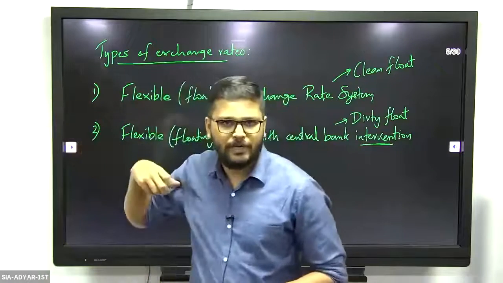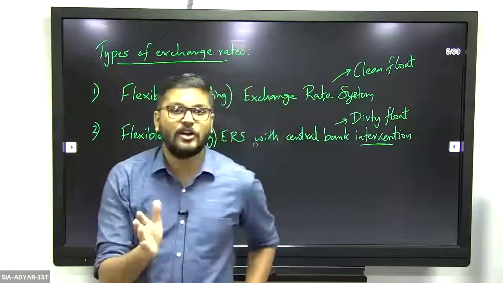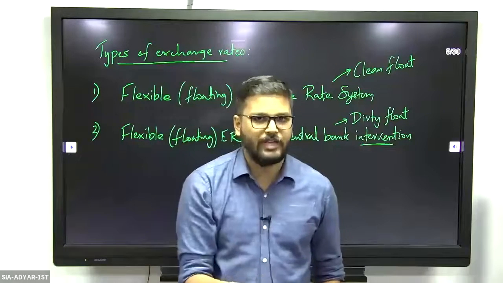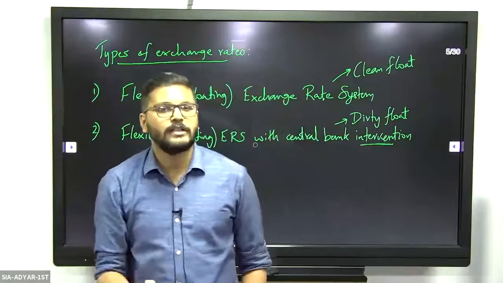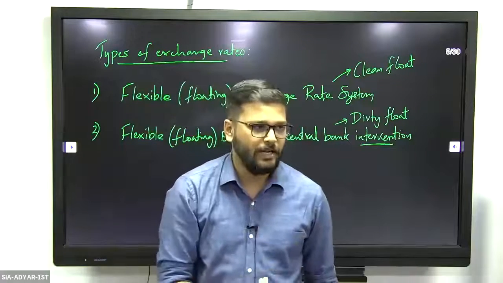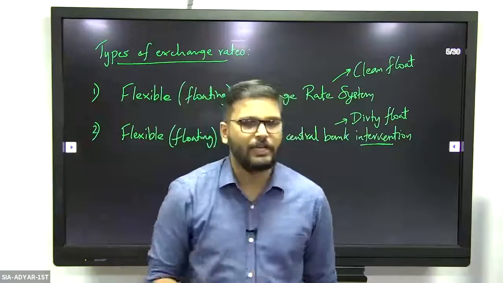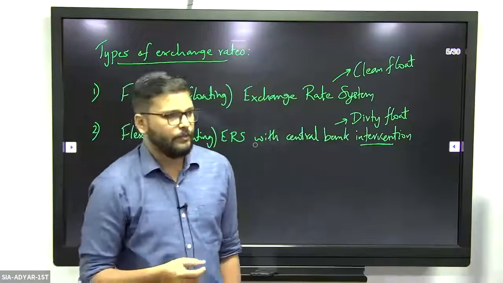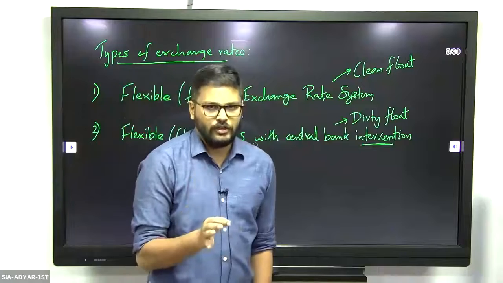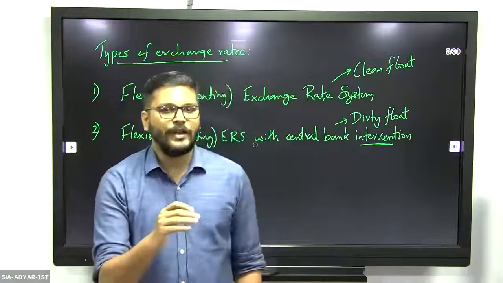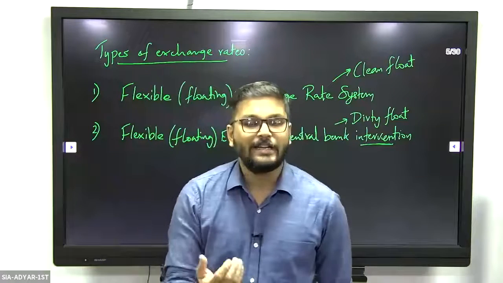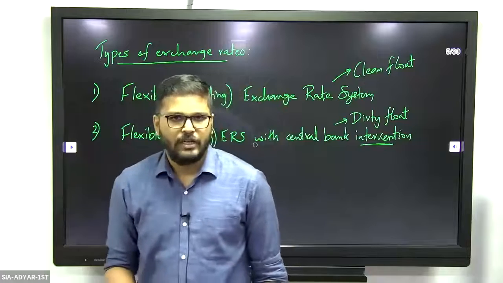RBI artificially brings in some extra dollars and supplies it. It is not naturally available in the course of transactions. We did not earn that dollar through exports or any other mechanism. The RBI is artificially taking some money out of its reserves and making it available to the banking system. So that is an intervention. Similarly, when there is an excess dollar available, the Indian rupee will significantly appreciate.